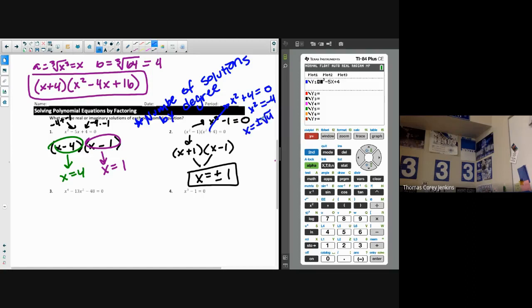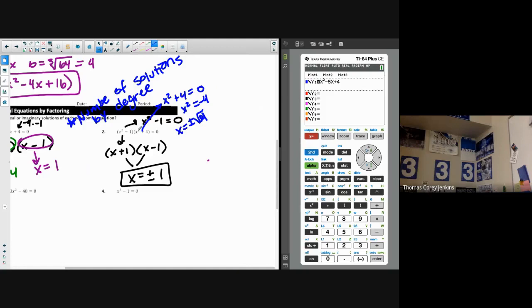If we simplify that, that's going to be an imaginary number, equal to 2i. So my other two solutions from here are x equals plus or minus 2i.